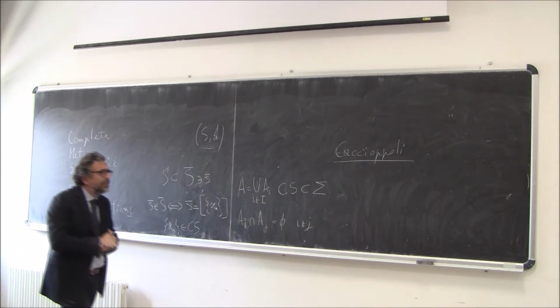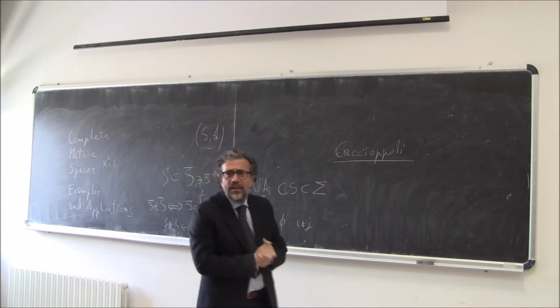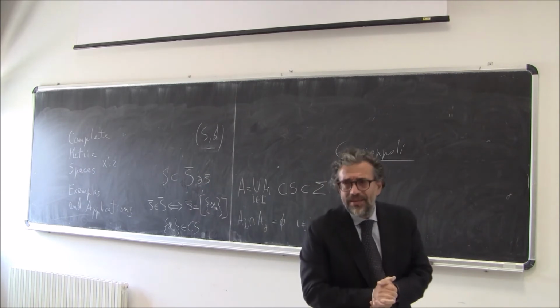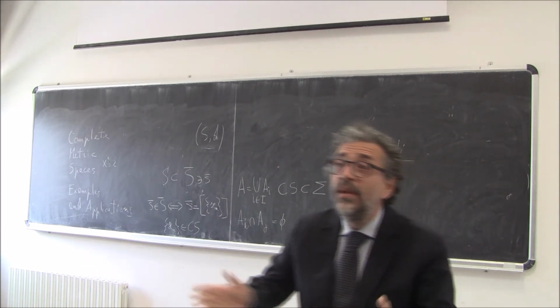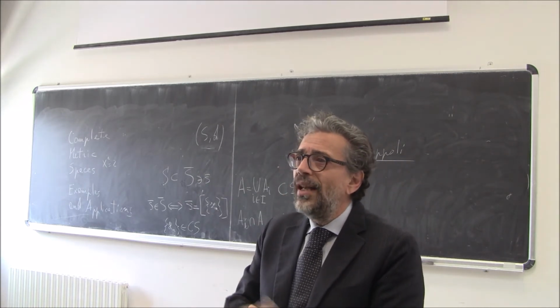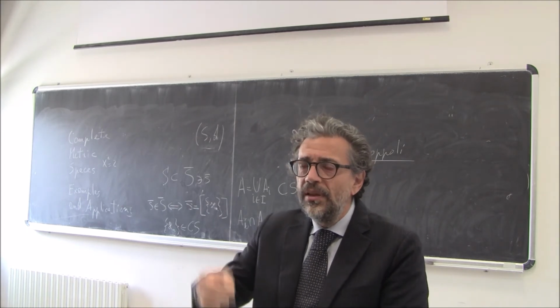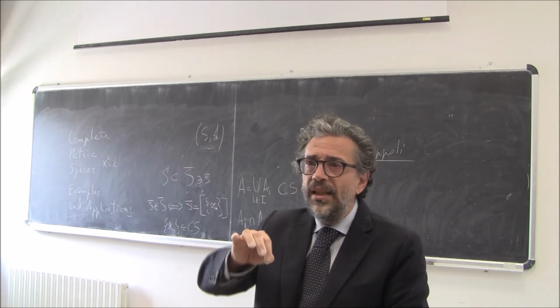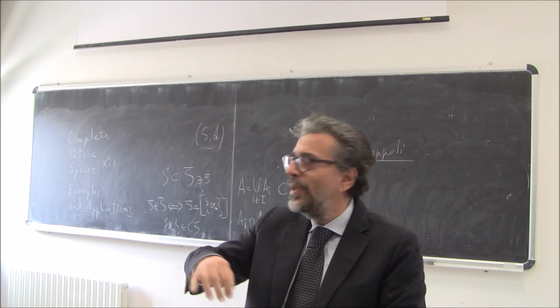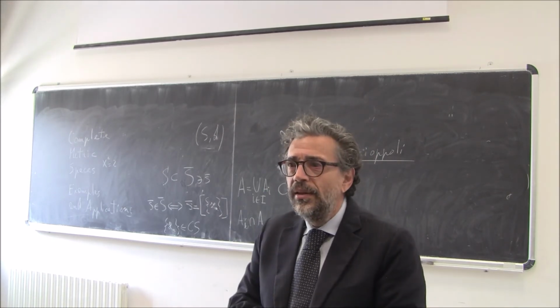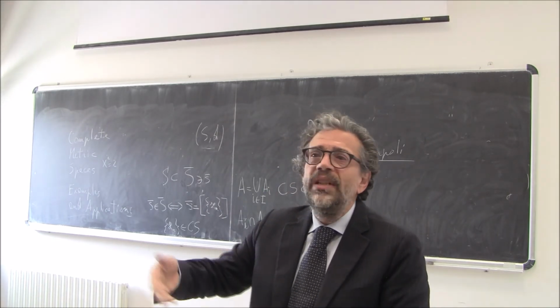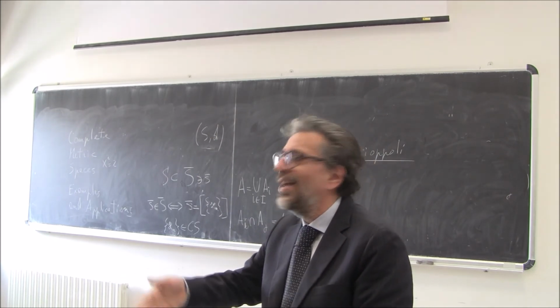You know, Caccioppoli was a very strange person. One of his best, most advanced theorems, the legend says, was proven on the towel of a pizzeria in the quarter of Vomero in Napoli. And Banach proved it 3-4 years after.